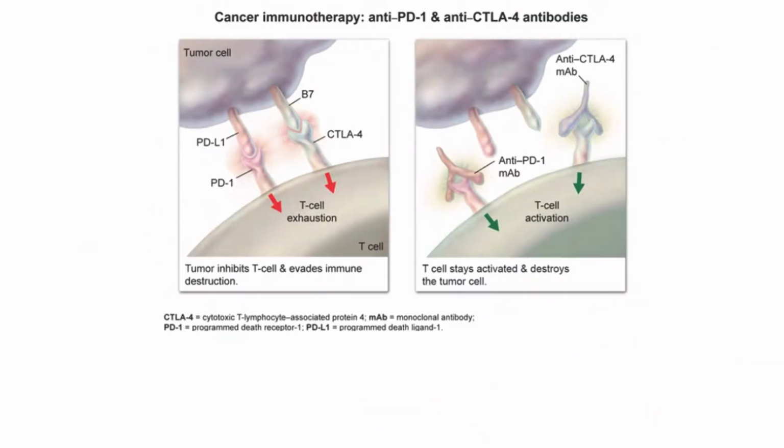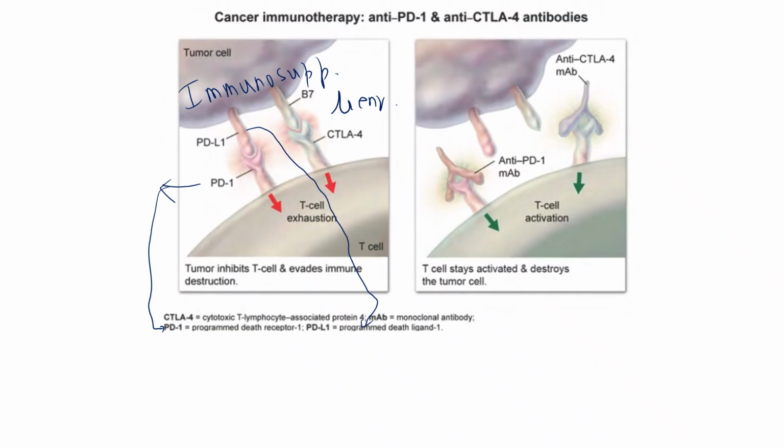This is what I was talking about. Many cancers create an immunosuppressive microenvironment. The option B, right? That prevents the immune system from effectively killing tumor cells. Enhanced cytotoxic T cell response against tumor cells occurs with the use of immune checkpoint inhibitors. So what I told you, PD-1 is programmed death receptor and PDL1 is programmed death ligand here.